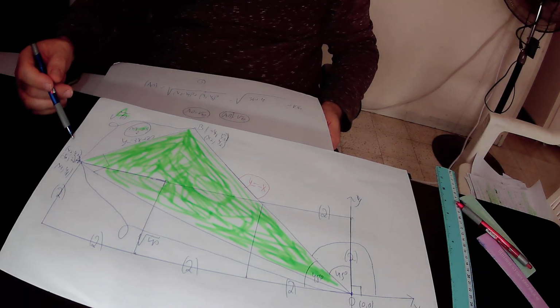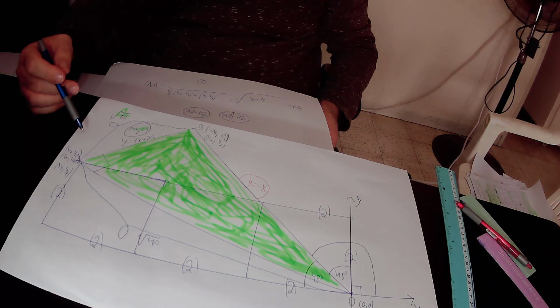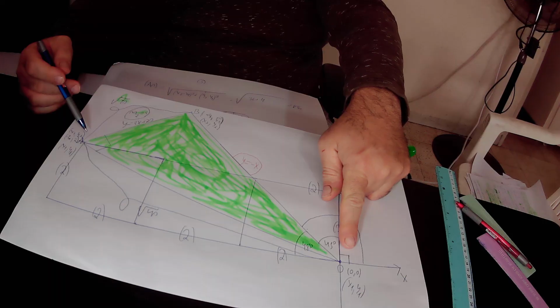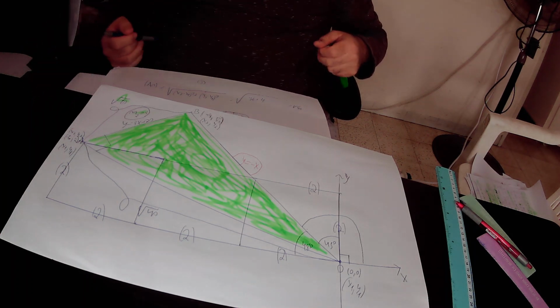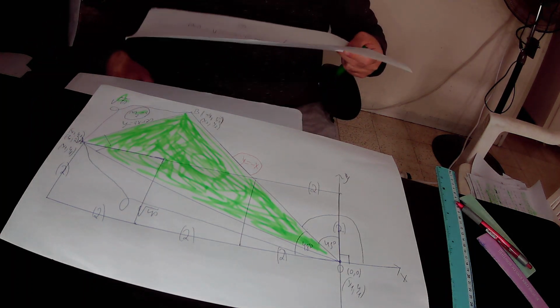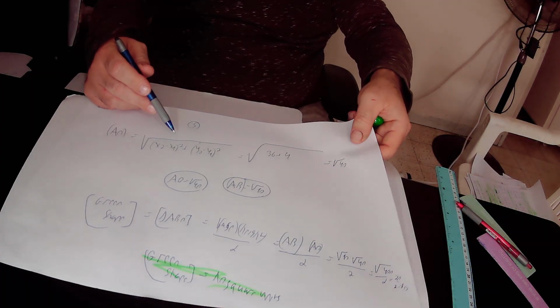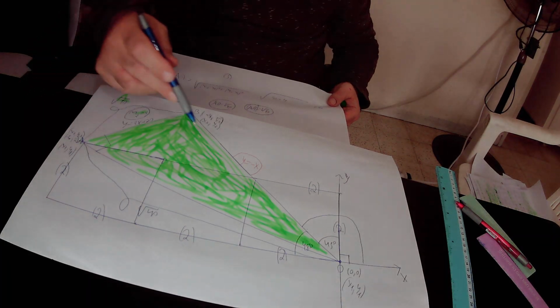We defined x2 as minus 6, y2 is 2. Likewise, here we defined x1 is 0 and y1 also equals 0. So here we have x2 minus x1 squared, so it is minus 6 minus 0 squared.